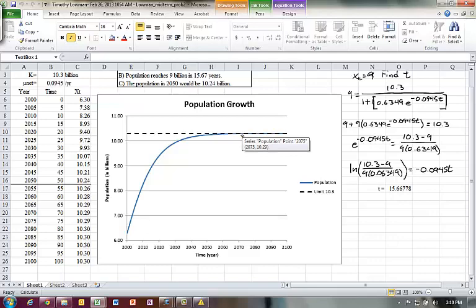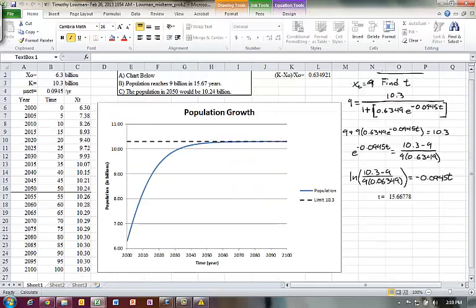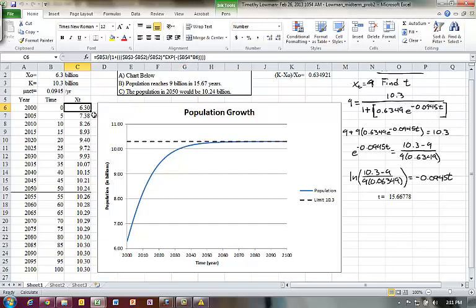It couldn't go higher than 10.3 billion. A number of you had some challenging times graphing this type of problem, essentially putting the values into the equation that you see here and solving for that. So be sure you practice with Excel and know how to solve things, and how to graph and plot things. It's certainly going to come in handy in the future parts of your academic career at the School of Mines.